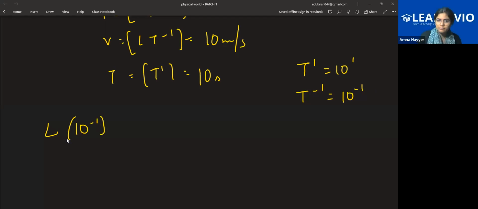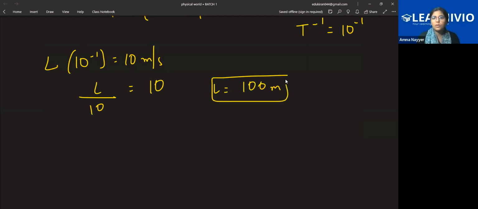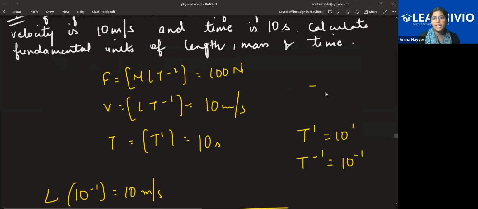Look, it is equal to 10 meter per second. Yes, ma'am. Right? So 10 can go into the denominator because a negative power is there, so L is equal to 10 into 10, so length can become 100 meters. What was the time? Time is clearly, from this only, 10 seconds.